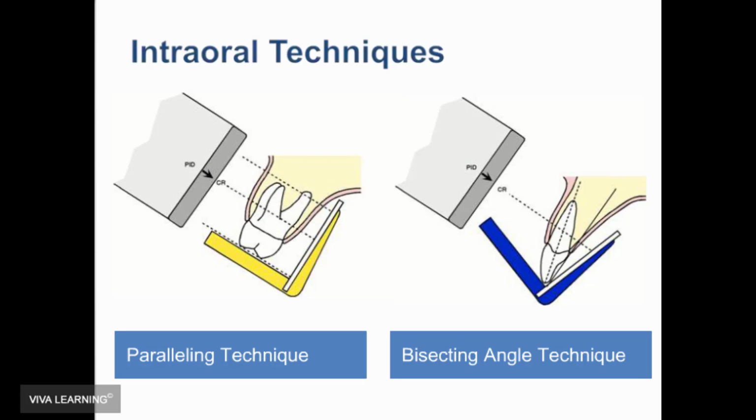So bisecting angle is a compromise. It's greater angulation in the tooth long axis, but less angulation than the receptor. So what we're trying to do is direct the central ray at a right angle to that plane that's halfway between the two. One strategy that can be used if this is difficult or too abstract to understand, start parallel to the receptor and then reduce the angulation about 10 to 15 degrees, and that will usually help you achieve a bisecting angle.